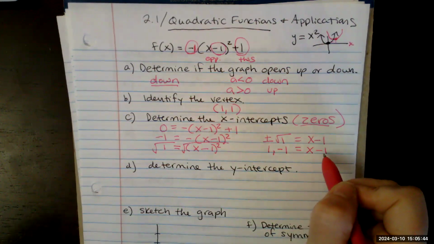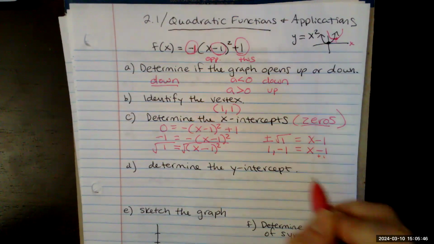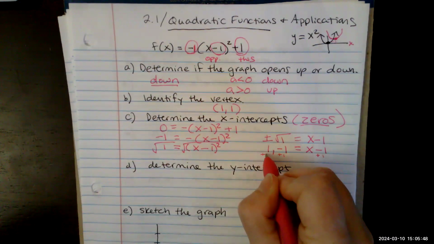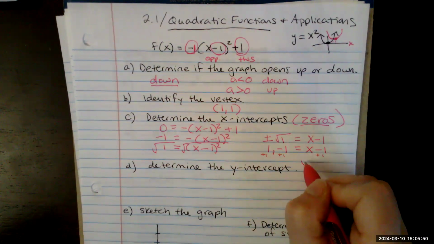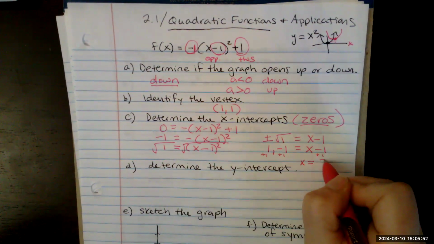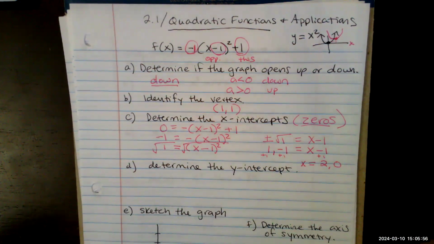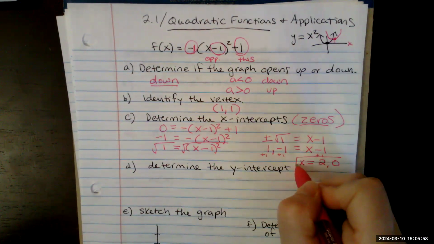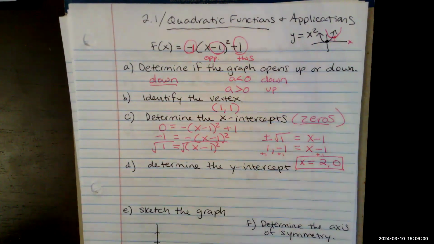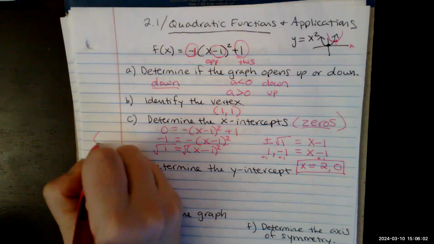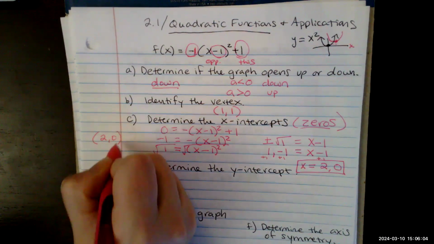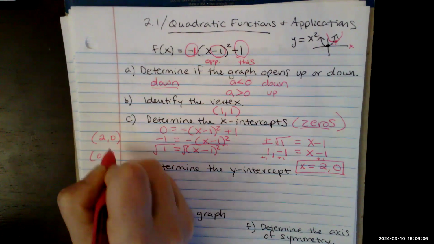So now for my last step, I'm going to add 1 to both of these. So I'm going to get 2 totally different answers. 1 plus 1 is 2, but -1 plus 1 is 0. So these are my x-intercepts. If I wanted to write them as points, it would be 2, 0, and 0, 0.